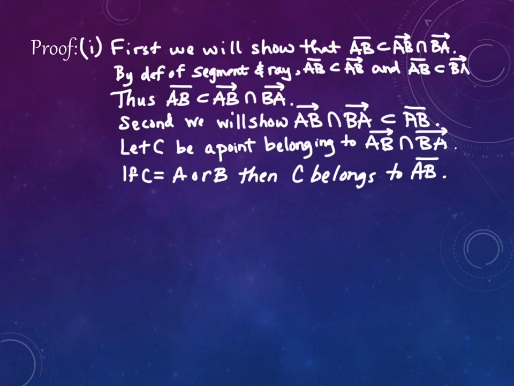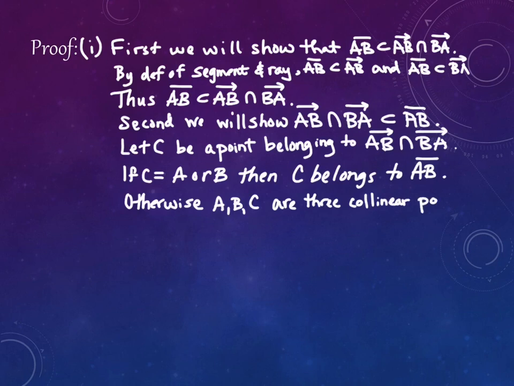Otherwise, A, B, and C are collinear, and they're different. So there are 3 collinear points.